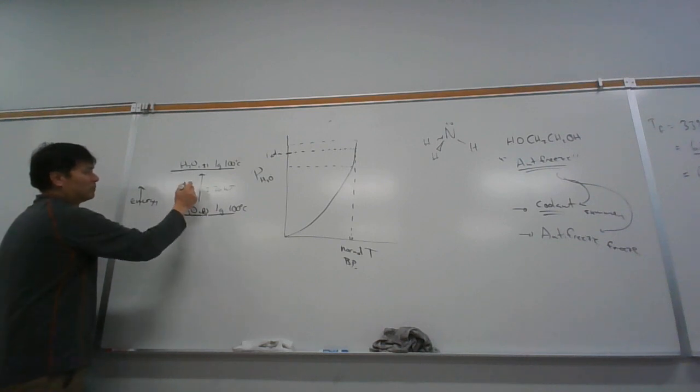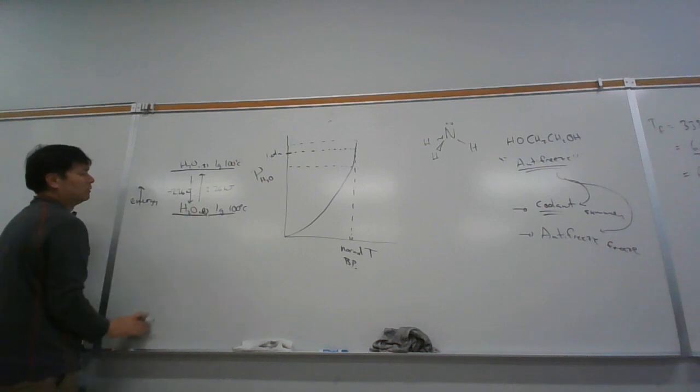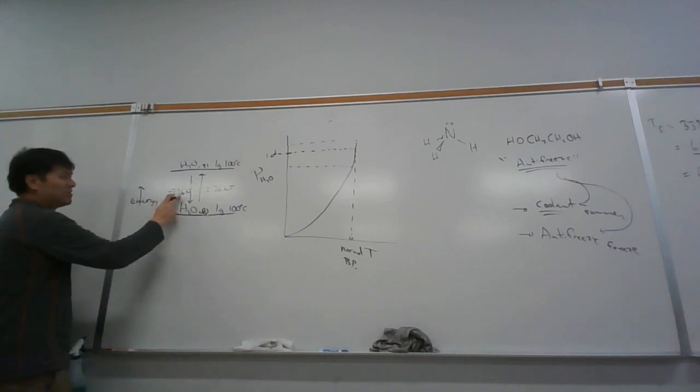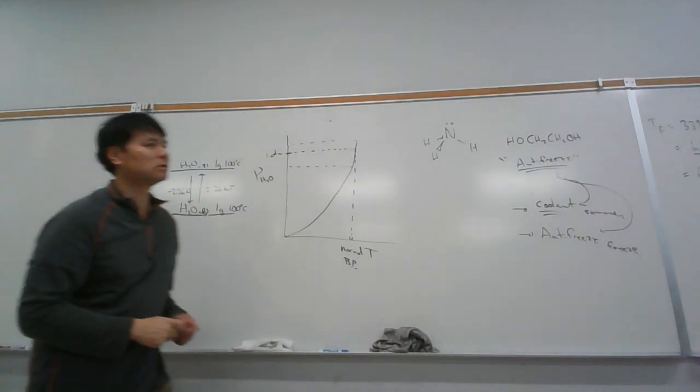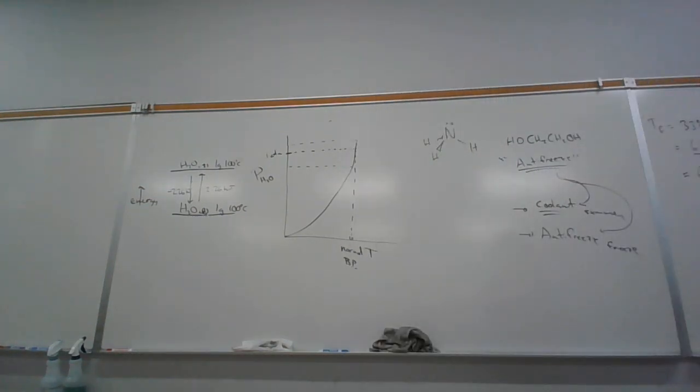And so steam has higher potential energy. We have to lose that potential energy to condense it, so it's going to cost you the same amount. And so condensation is minus 2.26. Vaporization is plus 2.26. And so the numerical value is the same, just opposite.